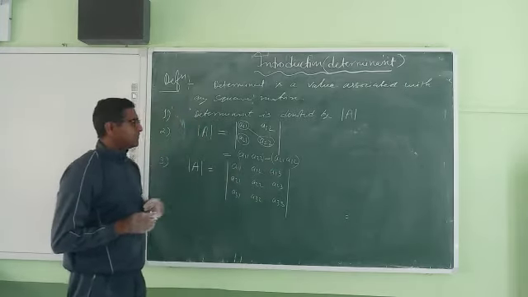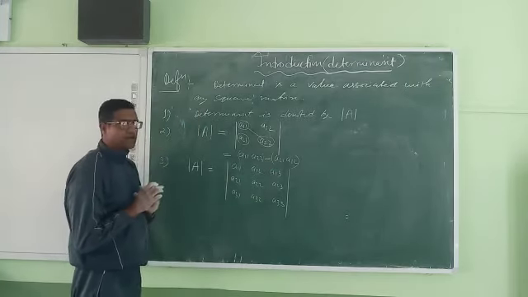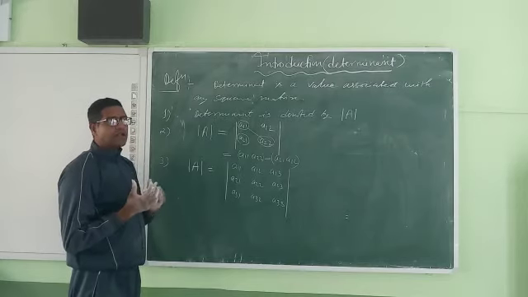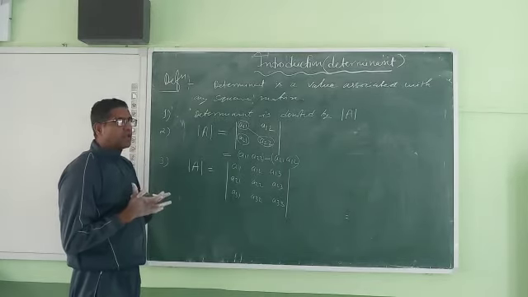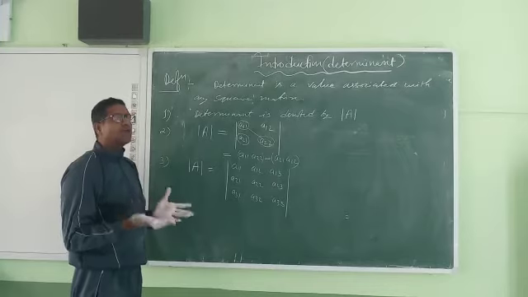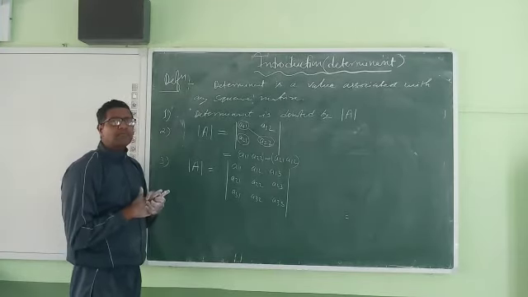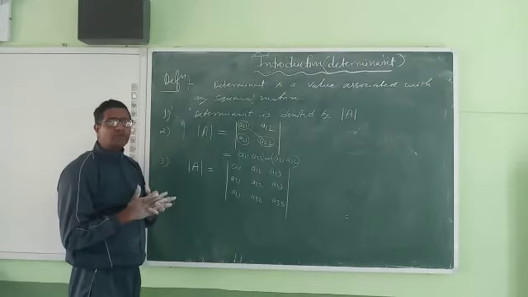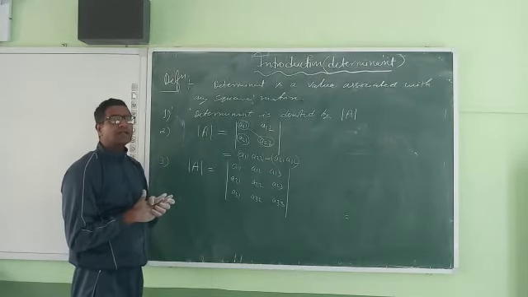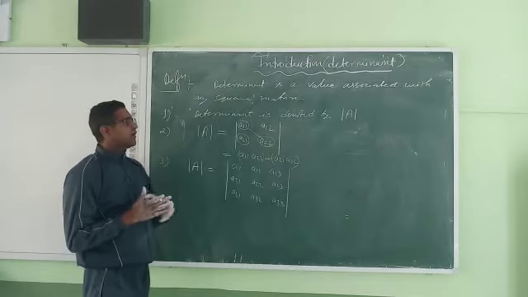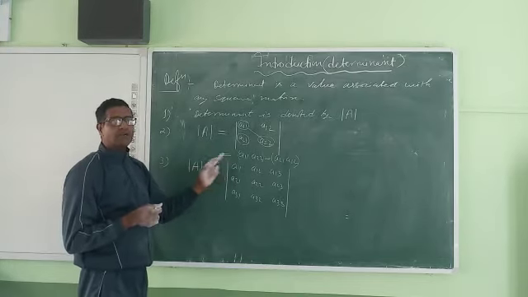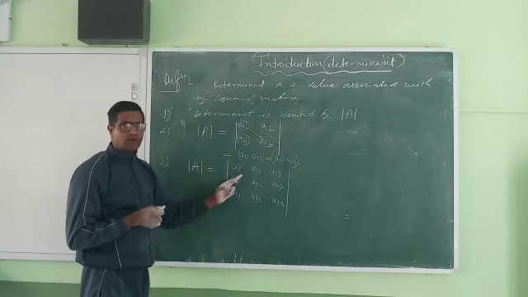And second concept. But when any row or any column has maximum elements of 0, we will expand in that case on the basis of that row or that column.